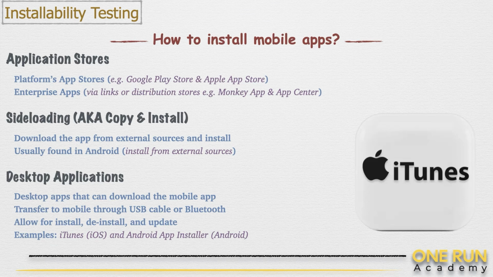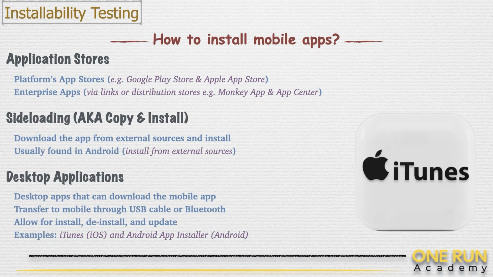These methods show the versatility and convenience of installing mobile applications on mobile devices, adapting to different needs and preferences. And understanding these approaches is crucial, especially when conducting installability testing.